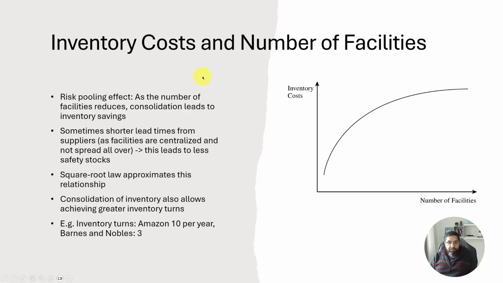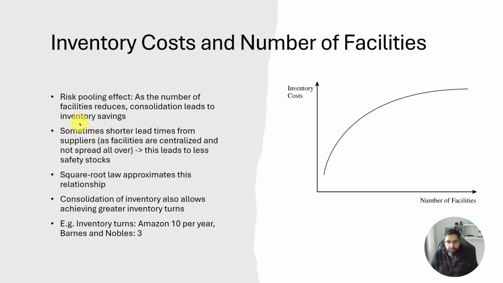Now let's look at inventory costs and number of facilities. If you increase the number of facilities which carry finished goods, your inventory costs will go up. Okay, so when you increase the number of facilities that are going to be storing your finished goods inventory, your inventory level on average for any product will go up.